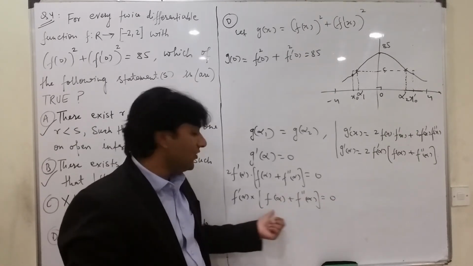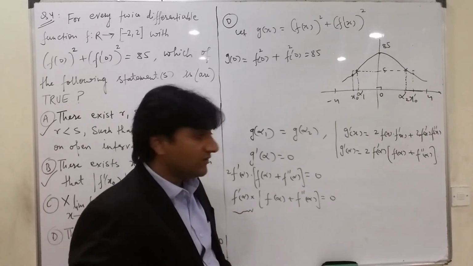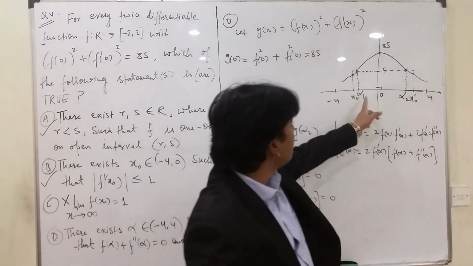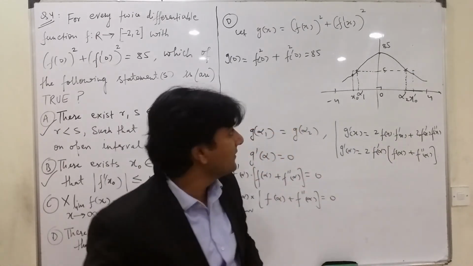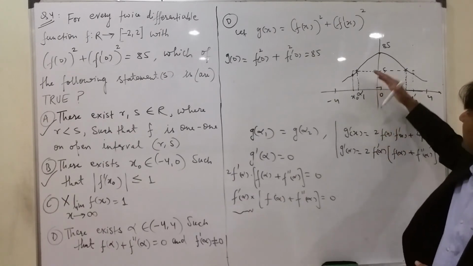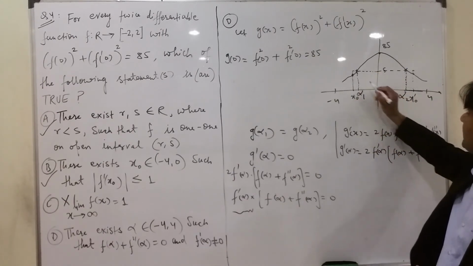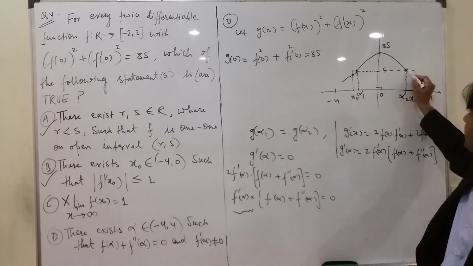Now either this is 0 or this is 0. We have to check whether f'(alpha) can be 0 or not, when alpha lies between alpha 1 and alpha 2. At alpha 1 it is 5, at alpha 2 it is 5.